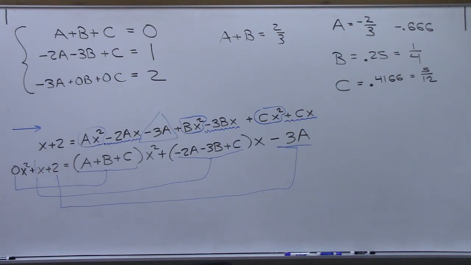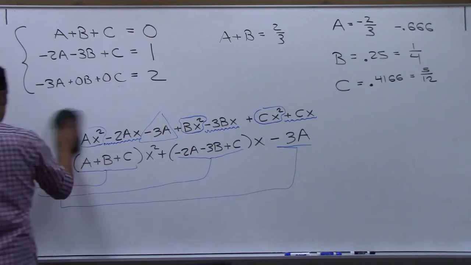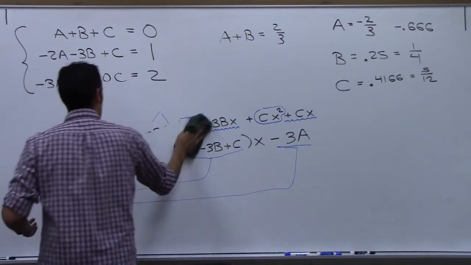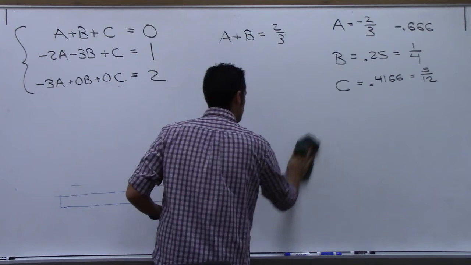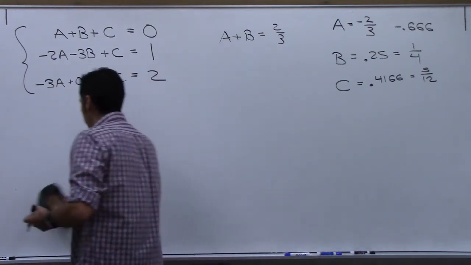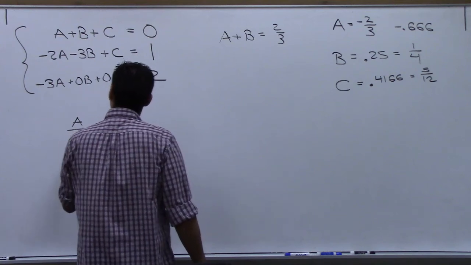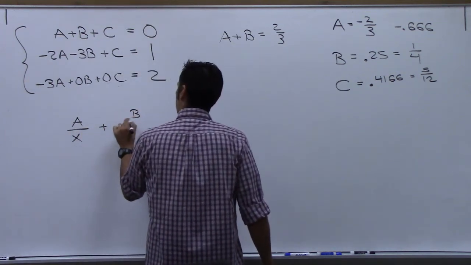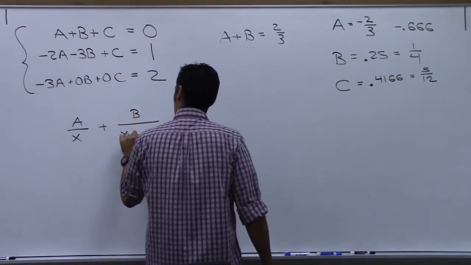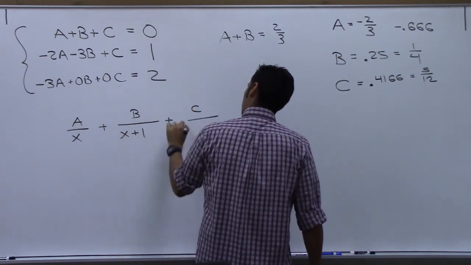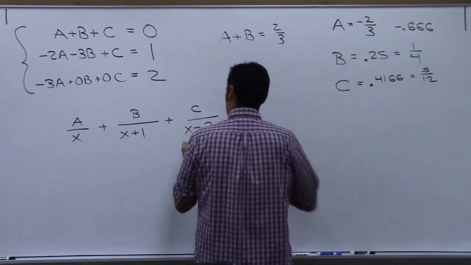All right. Assuming you can get this, let's go and draw our final answer. Our final answer, remember, was those 3 fractions. It was A over something, B over something, C over something. Was it A over X? Yeah, it's A over X plus B over X plus 1, and then C is over X minus 3, right?